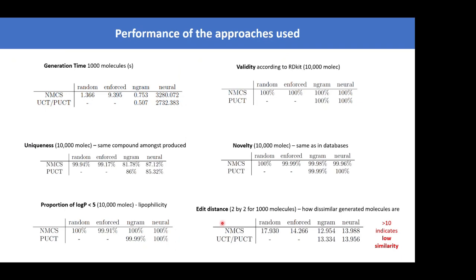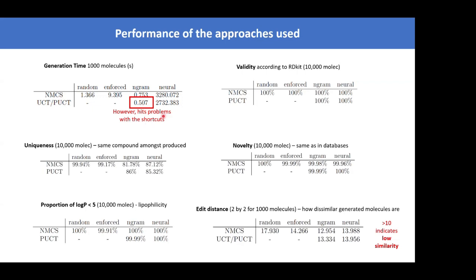actually very different? And so what you can see is that in terms of generation time, PUCT was better, okay, at 0.5 seconds for 1,000 molecules generated, but not too distant from the nested Monte Carlo Tree Search at 0.7. But the problem with PUCT is that it hit internal maxima because of the shortcut.